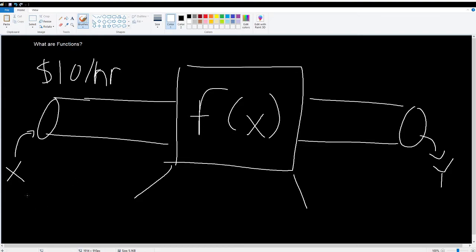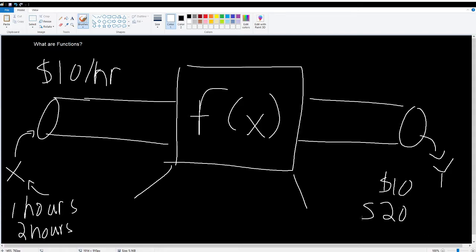So my hours is my input, so it's basically my x. And what's my output? Well, think about what you get when you're done working for x amount of hours. You get back money. You're getting paid for your hard-earned work, and you're getting paid $10 an hour. So for example, if I work 1 hour, I would get $10. If I work 2 hours, I get $20.